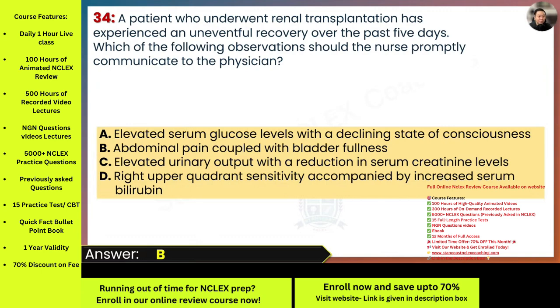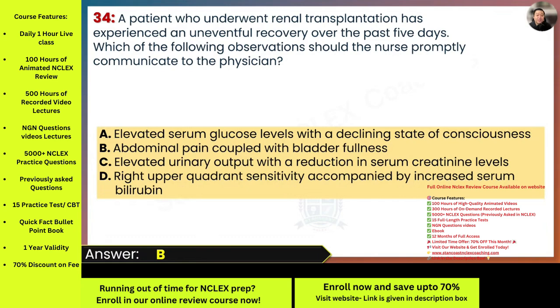Now, what about letter D? Right upper quadrant sensitivity accompanied by increased serum bilirubin. We know that right upper quadrant tenderness and increased bilirubin levels can be concerning, but they are more likely indicative of issues with a liver transplant, if this was performed. But in kidney transplant patients, if the liver were involved in the rejection, then we would likely see other signs and symptoms such as elevated liver enzymes.